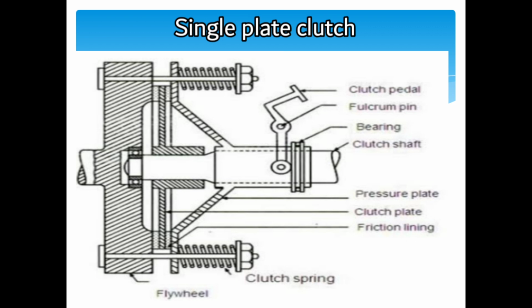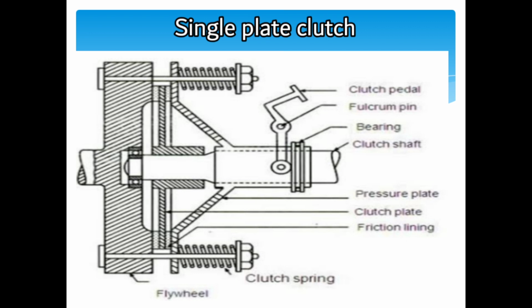The advantages of the single plate clutch are that it is more reliable and will not bind like the cone clutch, and slippage is quite less, and there is very little power loss, and hence the heat generation is quite less.